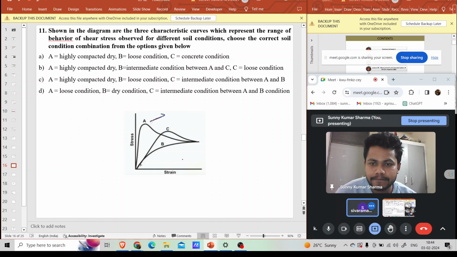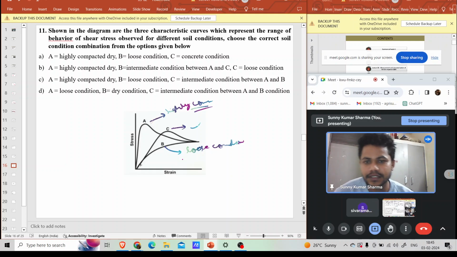Option C, sir. Okay, correct. And B is for loose condition, sir. And C is for the intermediate between A and B, sir. Yes, correct. So the answer is highly compacted, loose condition. Also the correct answer is C.